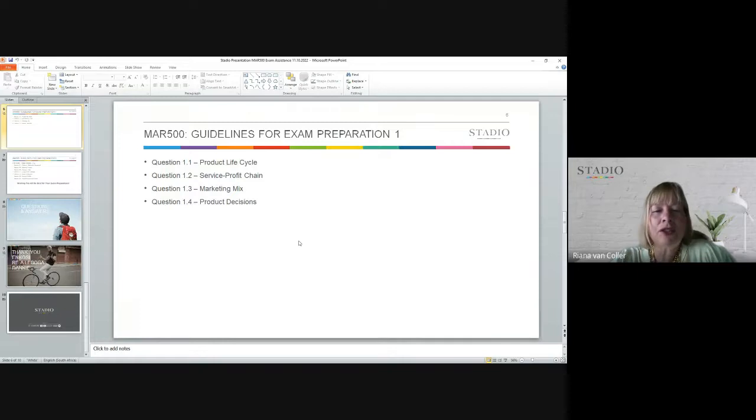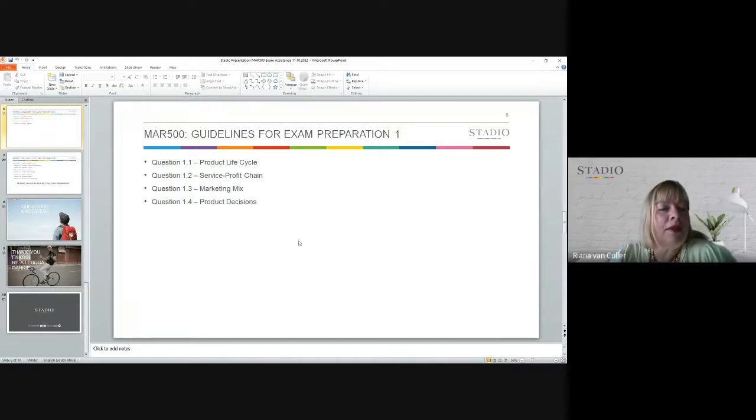And make sure that you understand all the aspects around the product life cycle, not just on how to identify it, but also to give justification if you do identify a product in a specific point in time of its life. Why do you say this? And especially if you have to apply this to the case study, say why does this apply?